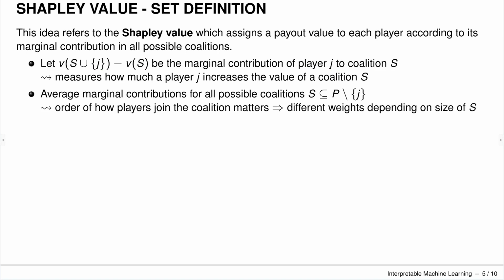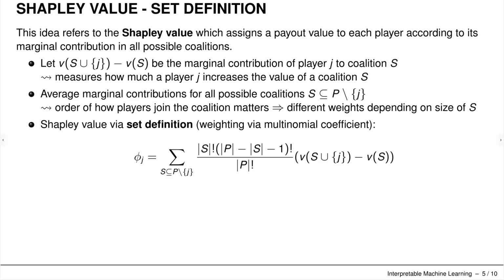And now we average the marginal contributions for all possible coalitions. So we form all possible coalitions, but always without the player J, and now do the calculation from the first step. But the order, as we have just seen, the order of how the players join the coalition matters. So we have to do some weighting depending on the size.